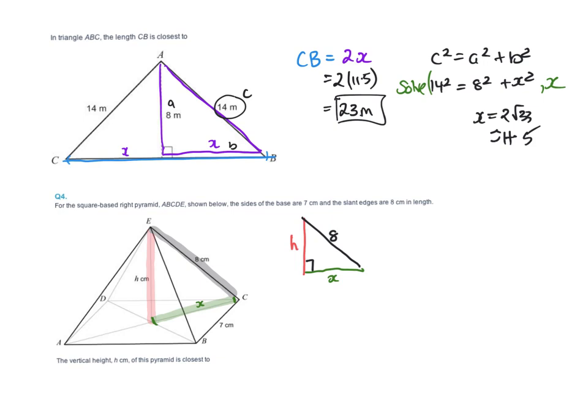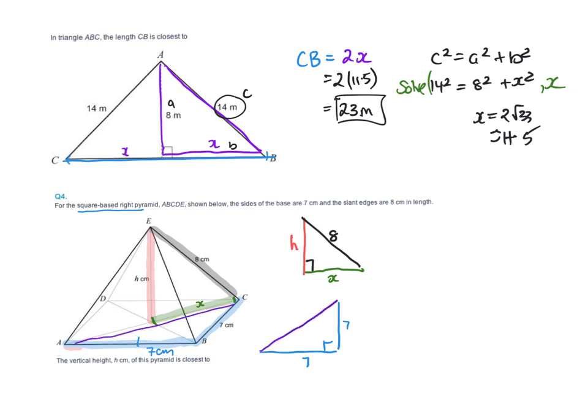If you look, you've actually got a right angle triangle on the floor of the square base pyramid. Because they told me it was a square base pyramid, I also know that that is 7 centimeters here. So I can use this square base where I've got 7 and 7, and what this line across here is this line across there.